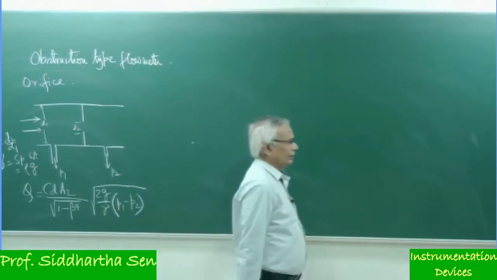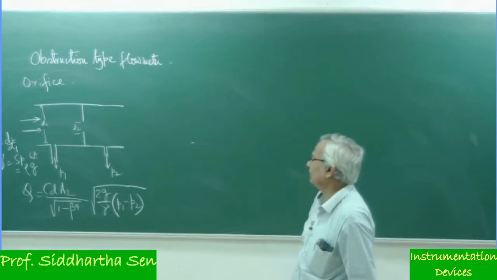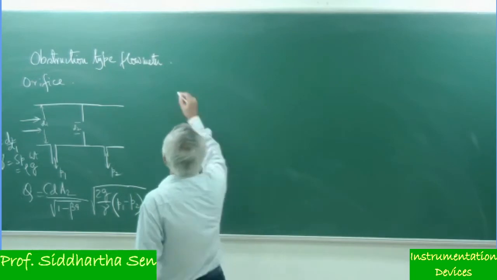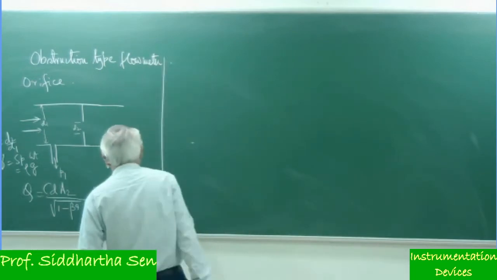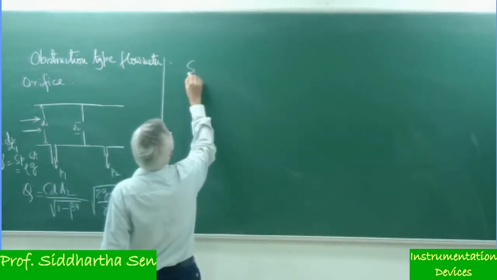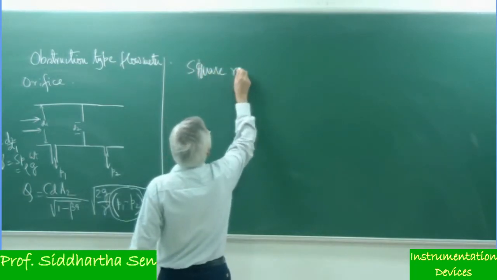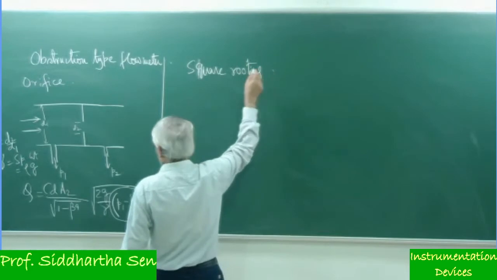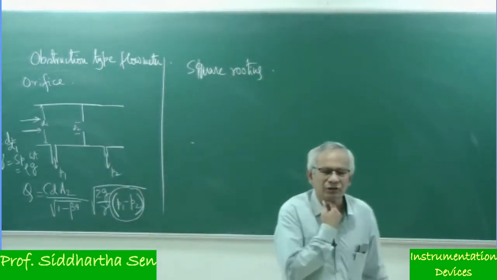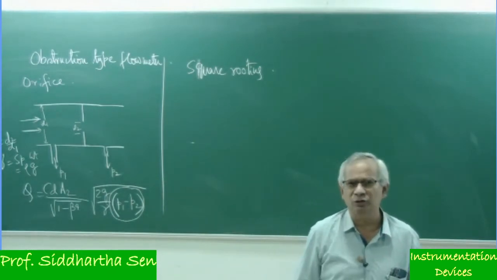So we have seen that this could be a very useful and very robust technique for measurement of flow rate. But one thing is always required, which we have just mentioned: we require square rooting. Suppose I can measure this P1 minus P2 using a differential pressure meter, and we get some voltage there.